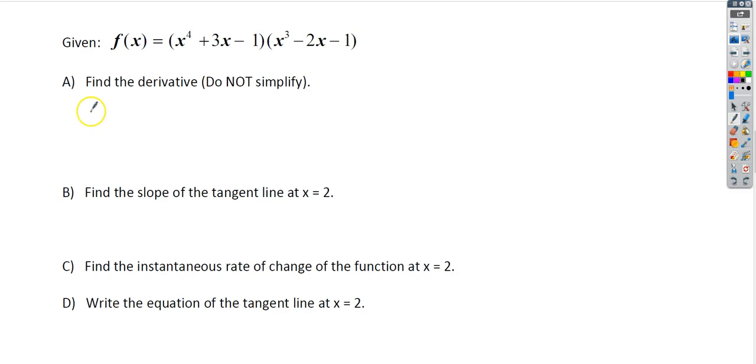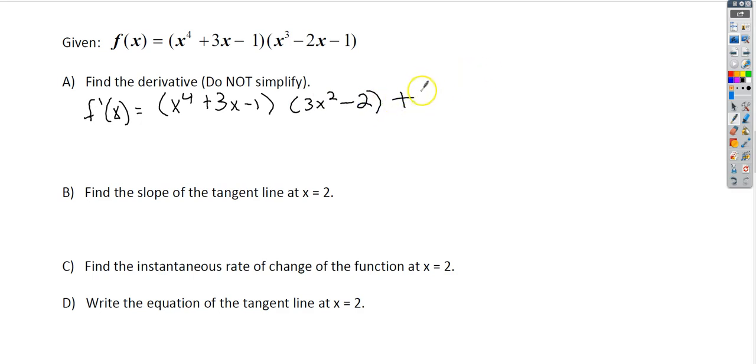So I'm going to do the first times the derivative of the second plus the second times the derivative of the first.